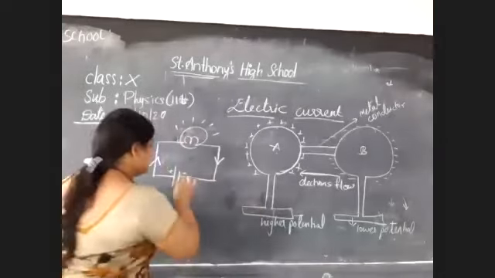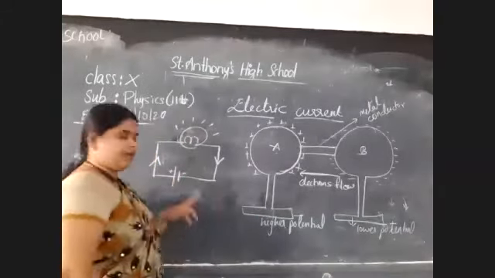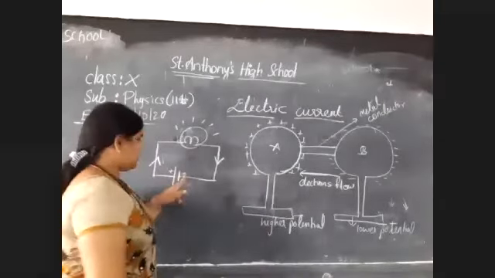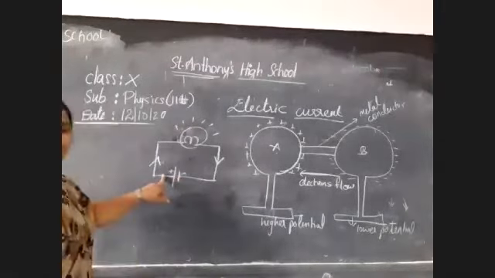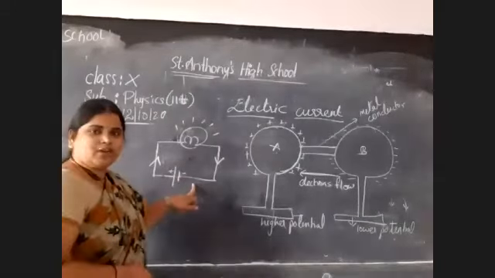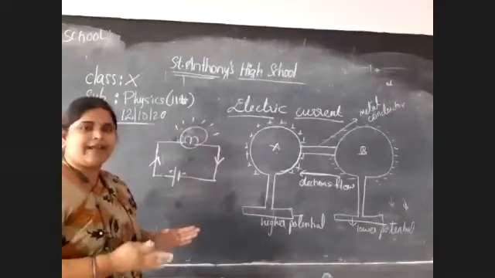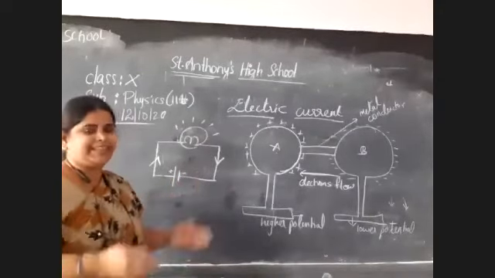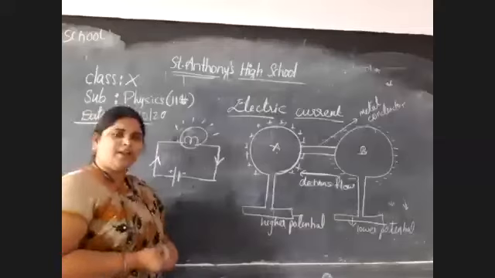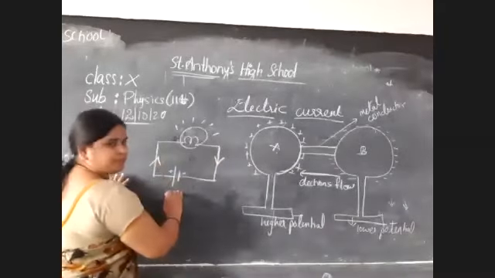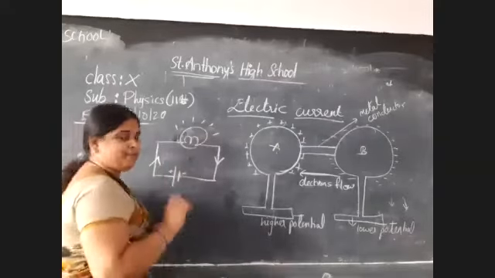The negative terminal will repel the electrons, and the positive terminal will attract the electrons. Yes or no? Unlike charges attract, like charges repel. That is a basic thing which we all know, right? So electrons flow from negative to positive in reality.